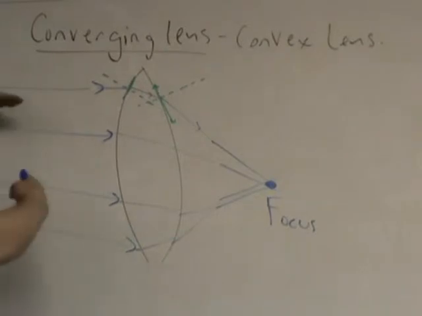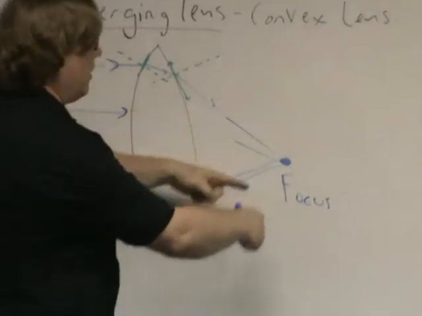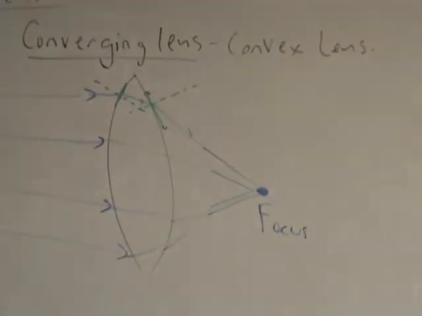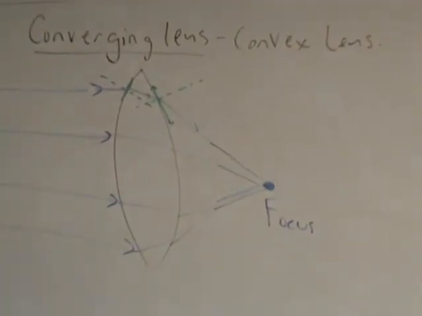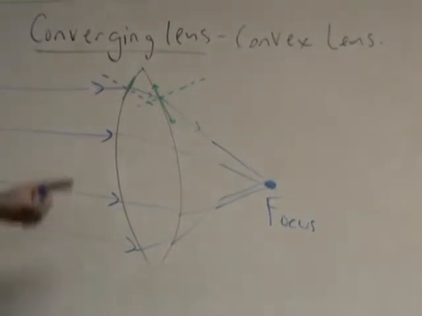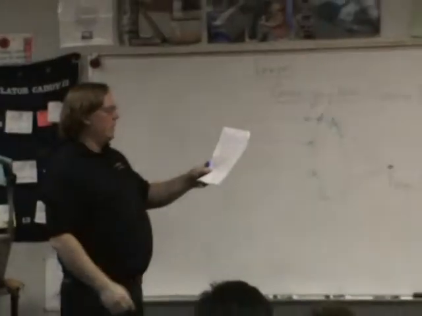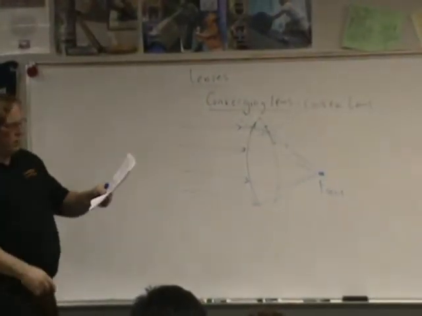It takes parallel rays and bends them so that they all converge onto a focus. But whereas a mirror uses reflection to bend the waves, what does the lens use? Refraction. So on your Talon thing, we're now on chapter 26. Go ahead, at number 10. Look at number 10. While a spherical mirror uses reflection to bend and focus light, what do lenses use? Refraction. So please write refraction.